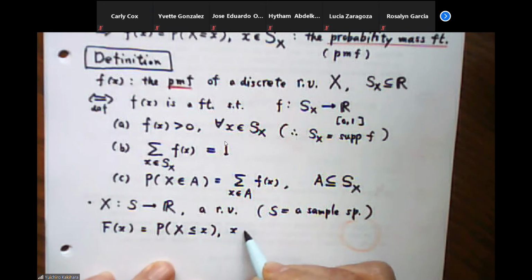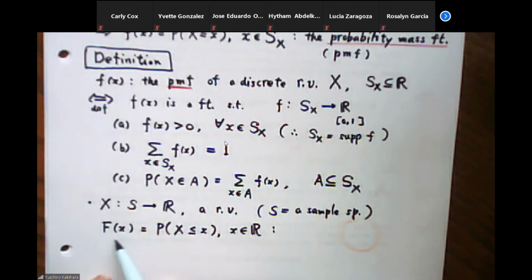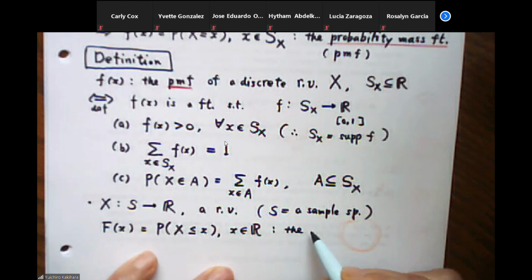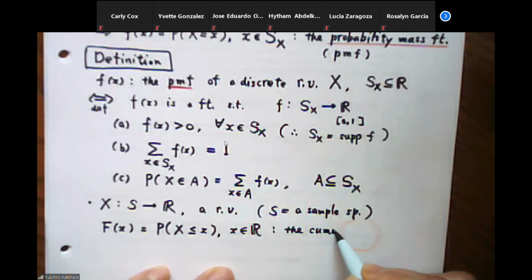This x is any real number, and this is a function of x. The probability that X takes a value smaller than or equal to x is the function F's value at x. So this is called the cumulative distribution function.